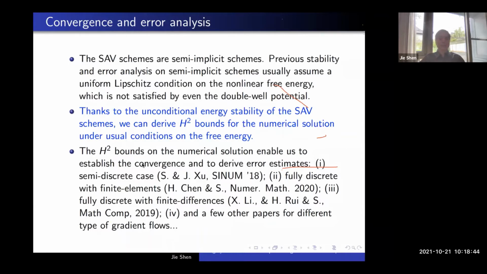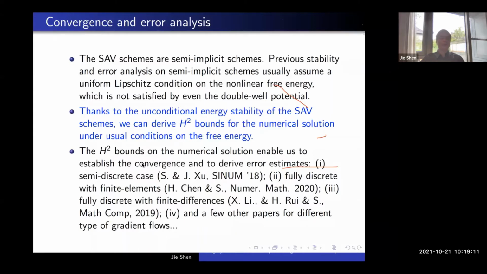I forgot to mention that I will mainly concentrate on time discretization schemes, but whatever I present here is applicable with finite element, spectral method, spectral elements, and also with finite difference if you use the summation by parts formula.